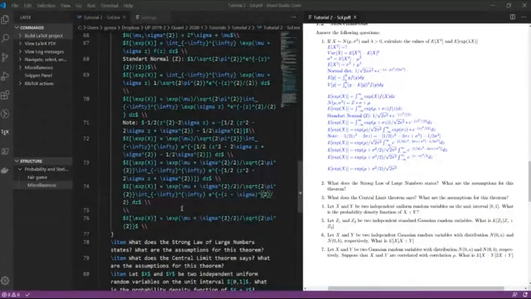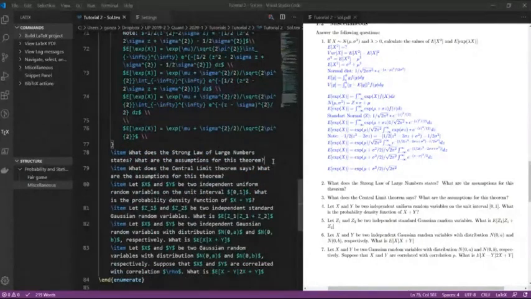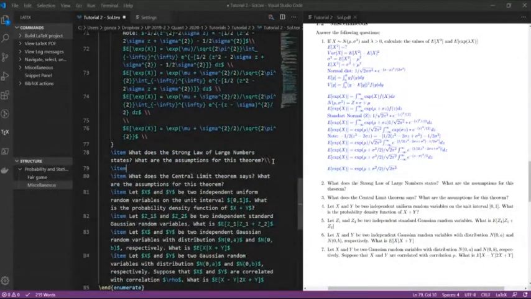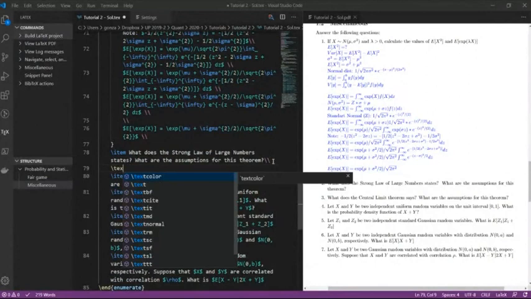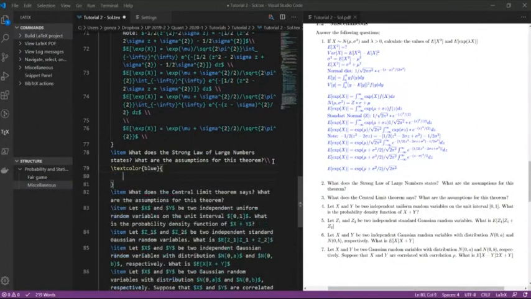So I'm going to go back to this and use the next color, blue.